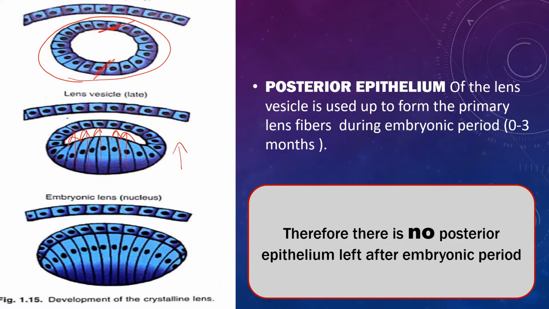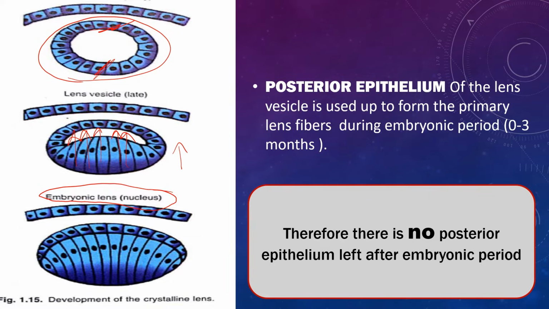Now these posterior epithelial cells have elongated and completely filled up this cavity to form what is called an embryonic nucleus or an embryonic lens. And therefore, we do not have a posterior epithelium left after the embryonic period, because the posterior epithelium of the lens has been totally used up to form the primary lens fibers during the embryonic period, that is up to 3 months of gestation. So this is very important.